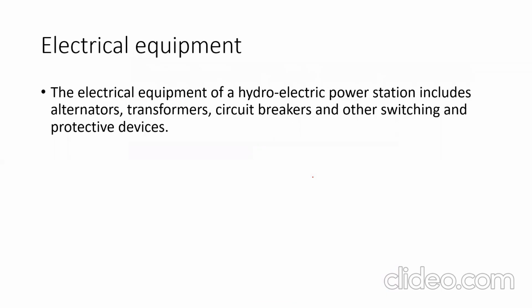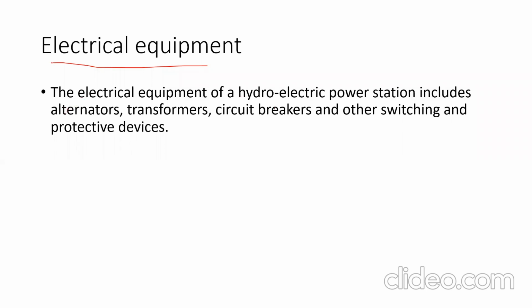The final part is the electrical equipment. The turbine is mechanically coupled to the generator, and whatever electrical energy is generated by that generator has to be supplied to the grid, and for that a substation and equipment installed in the substation are required.